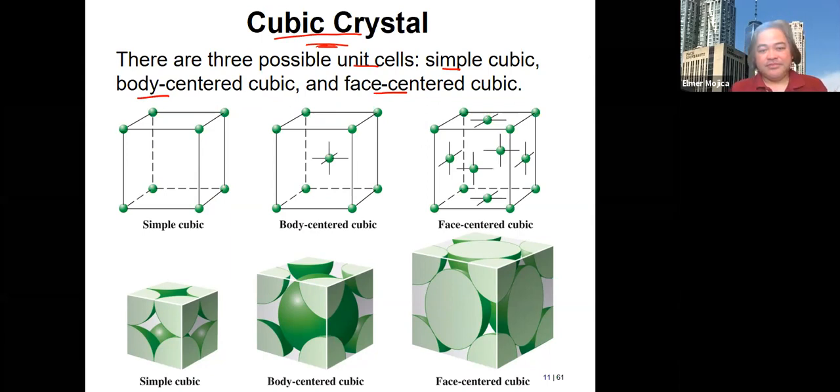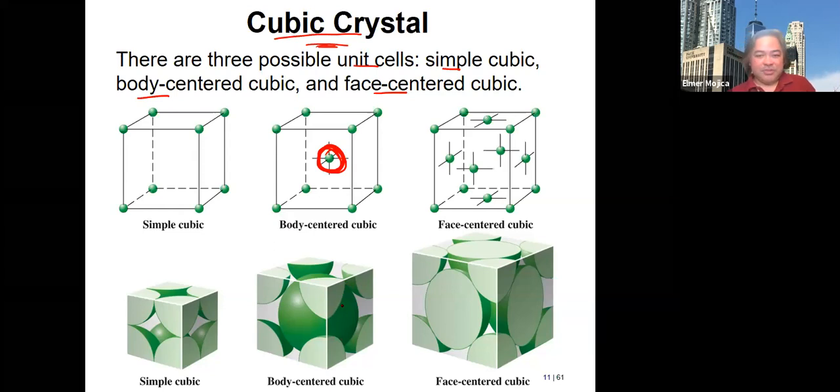Now, how does the simple cubic differ from the body-centered? In the body-centered, you have an atom, molecule, or ion inside it. If you cut it in 3 dimensions, this is how you're going to look at it.